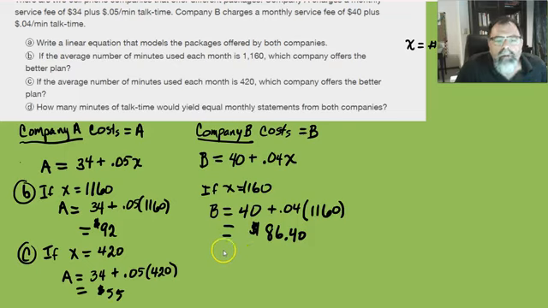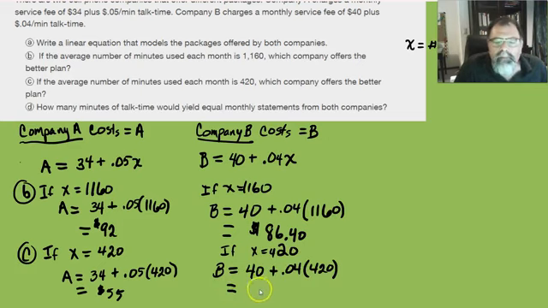And for B, if x is 420, the cost for Company B will be the $40 flat fee plus 4 cents per minute times 420 minutes. Punch that into the calculator, and we get 56.8, so $56.80. So in this case, Company A would be cheaper.